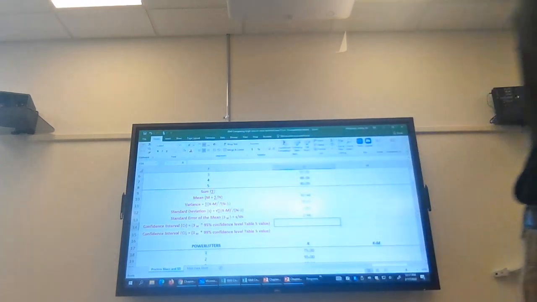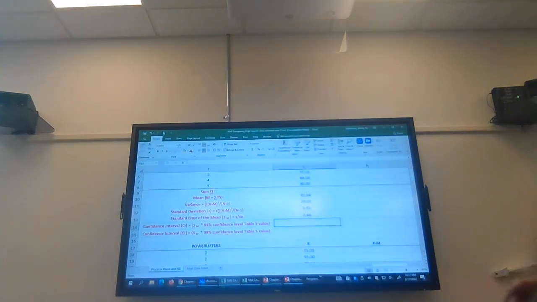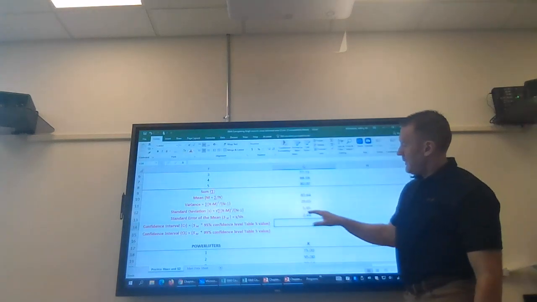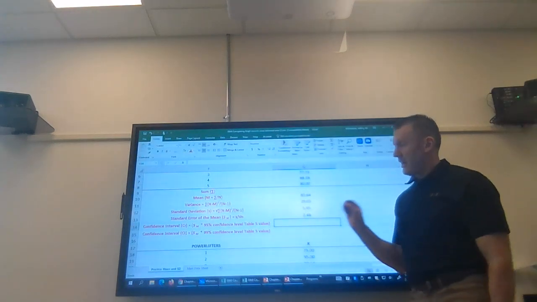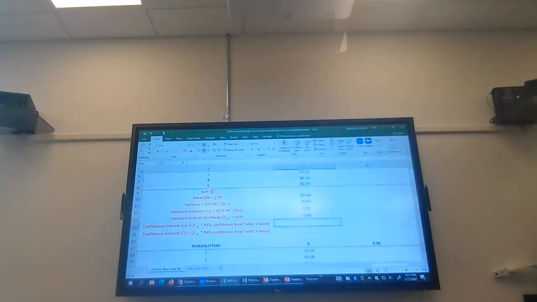So we would then multiply the standard error of the mean, which is this, by 2.776. So it would be equals that, and then multiply by 2.776 to get your 95% confidence interval.